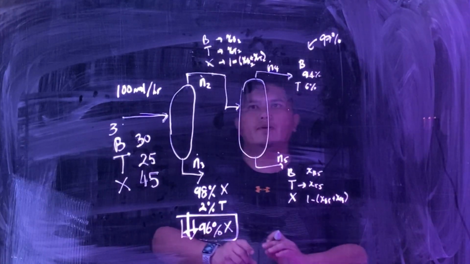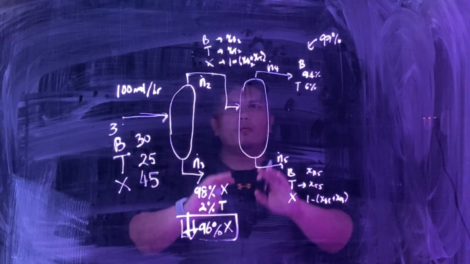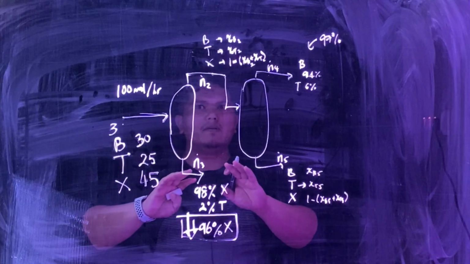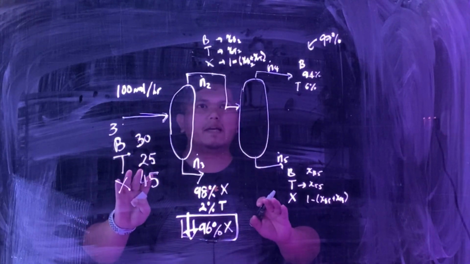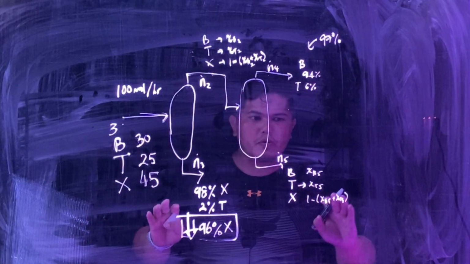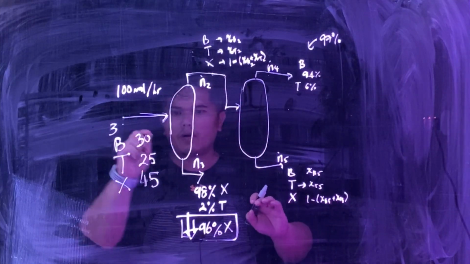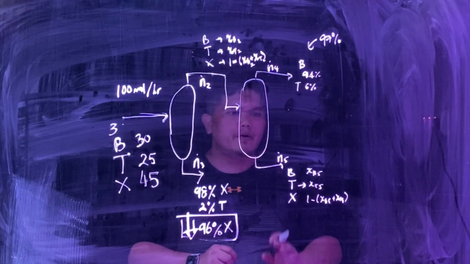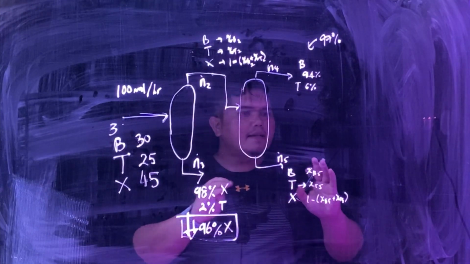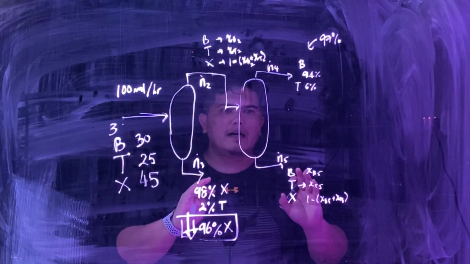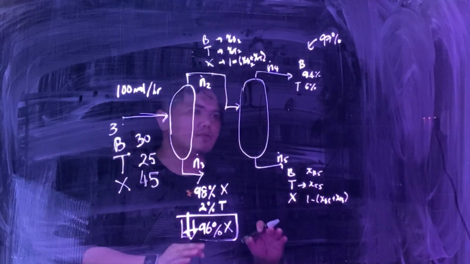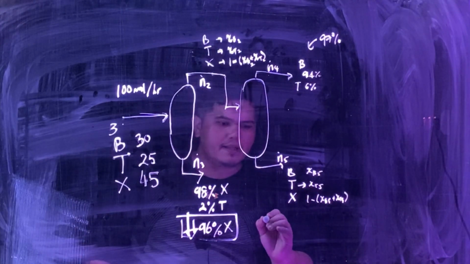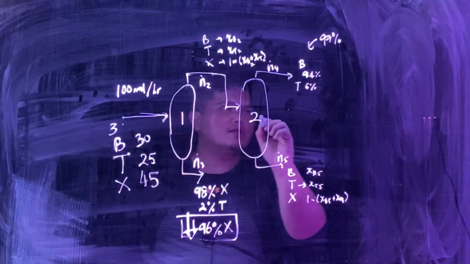So let's think right now: we have already drawn the diagram, we have already given some symbols, and we are trying to determine what we know and what is unknown. So now let us figure out what the unknowns are here. How many unknowns do we have? In column 1, this is column 1, this is column 2.